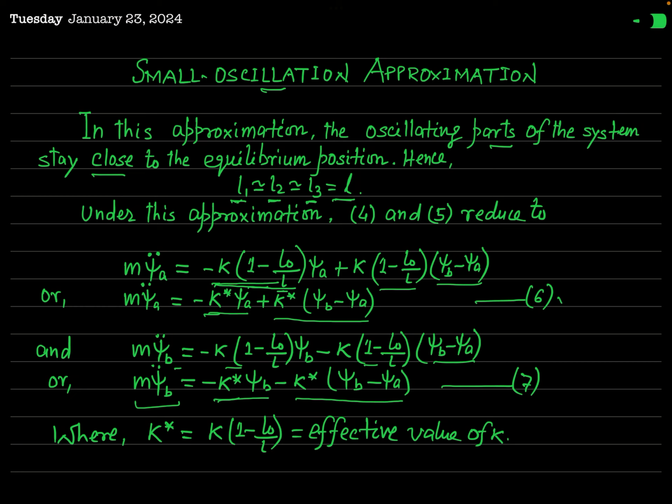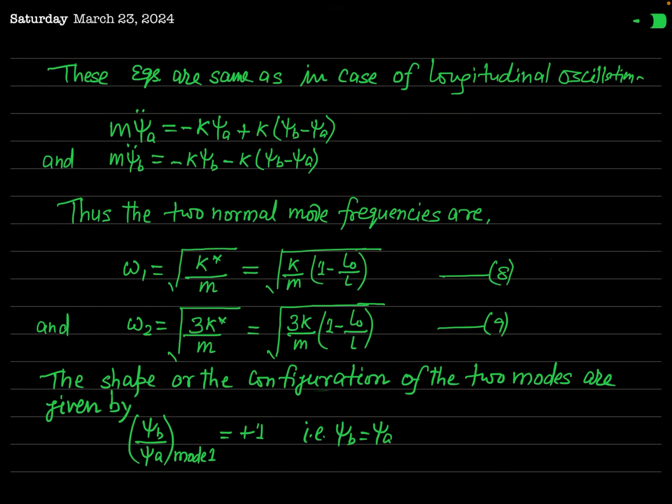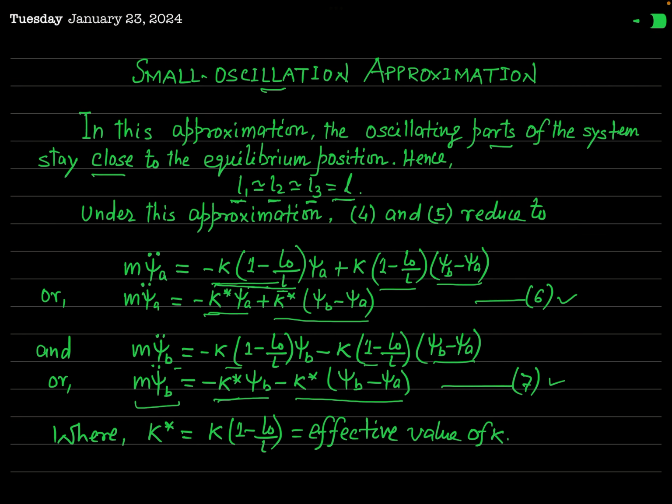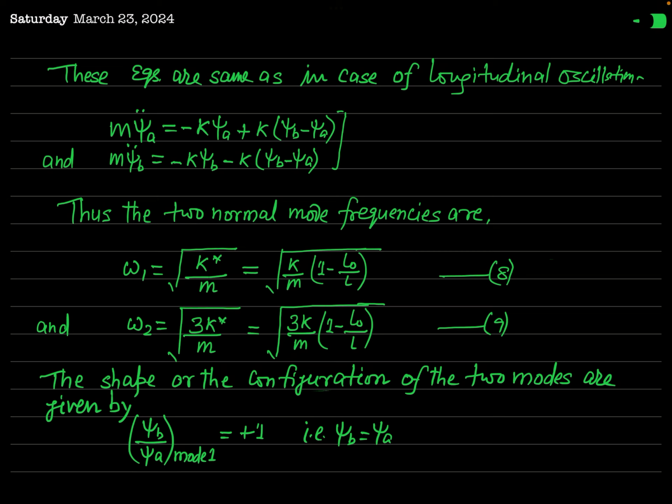Now again see equations 6 and 7 and compare them with the equations we obtained earlier in the previous lecture for the normal modes of longitudinal vibration of the coupled mass system. These are our equations of motion in that condition. Comparing, you can see equations 6 and 7 are completely identical to the equations of motion in the case of longitudinal oscillation.